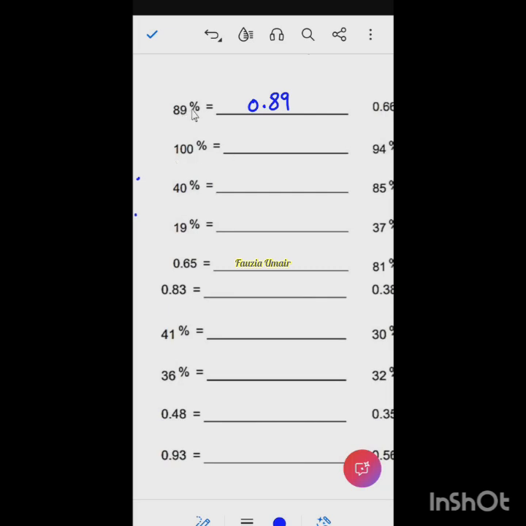When it was 89%, what did we do? We said 89/100, and because there were 2 zeros, the decimal came here. It becomes 0.89, right? This is what is going on behind the scene. It was 89/100, so because there are 2 zeros in 100, we shifted the decimal to here.